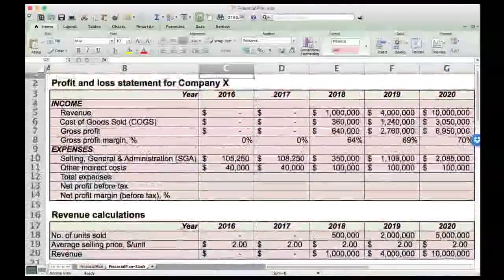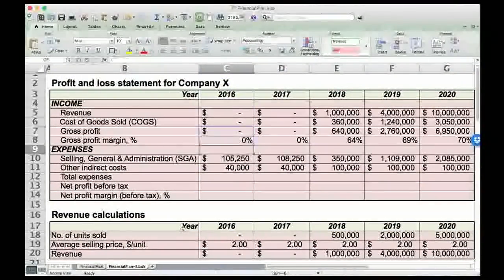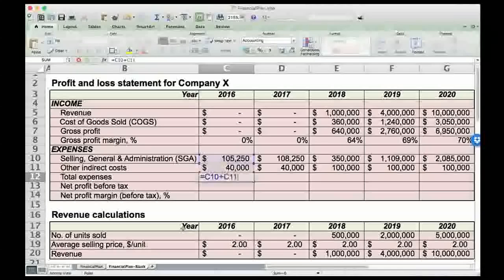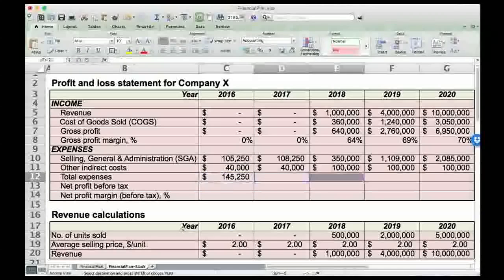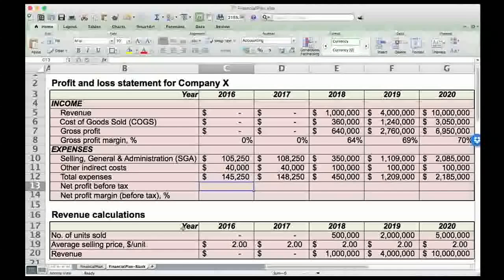So now if you look at the expense section, we just have to do some calculation. So total expenses is basically sum of SGA and other indirect costs. And net profit is essentially your gross profit minus total expenses.